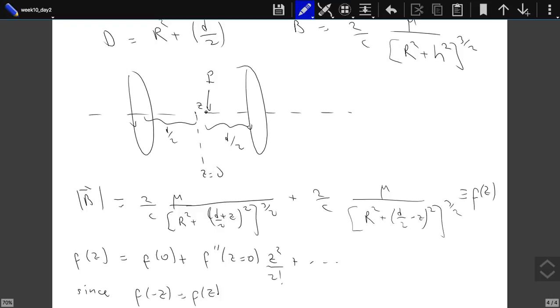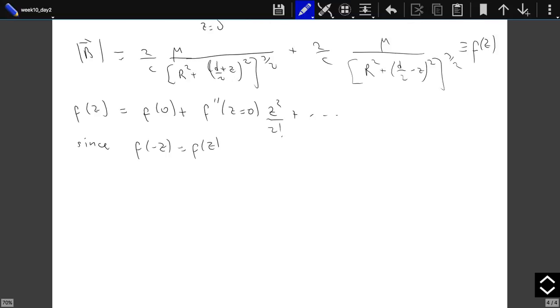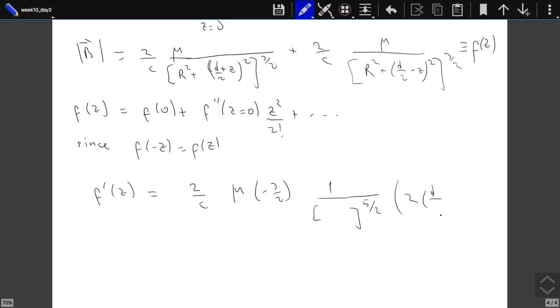So let's calculate that coefficient. f prime of z is equal to 2 over c mu times minus 3 over 2, times 1 over (r squared plus d over 2 plus z squared) to the power 5 over 2, times the derivative of that thing, which is twice (d over 2 plus z).